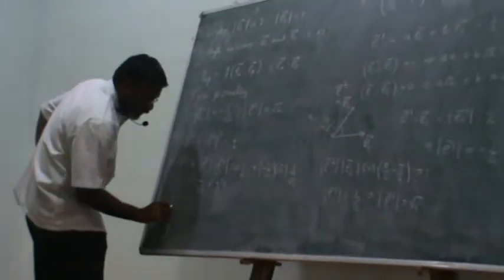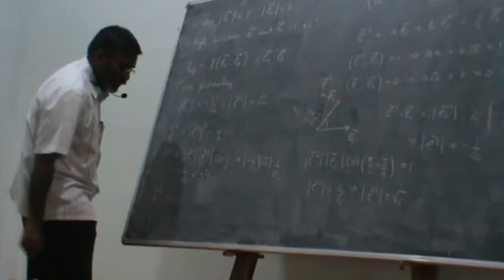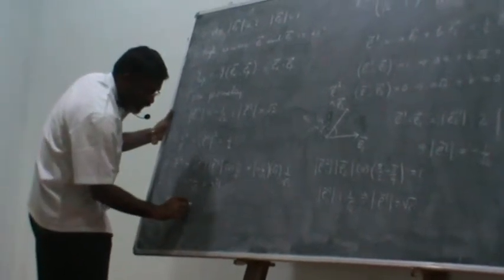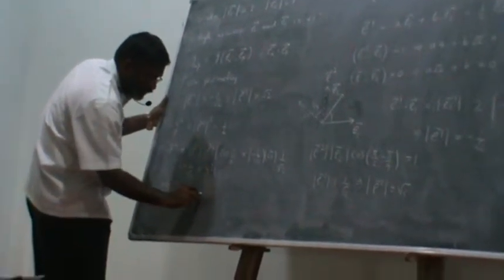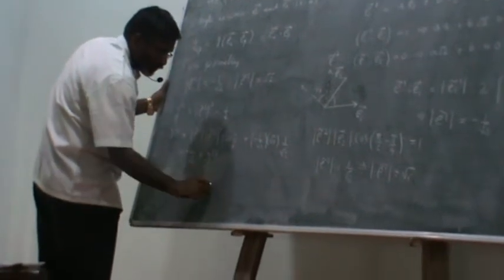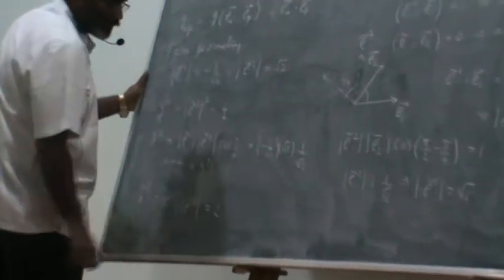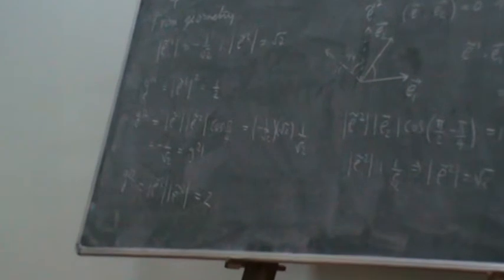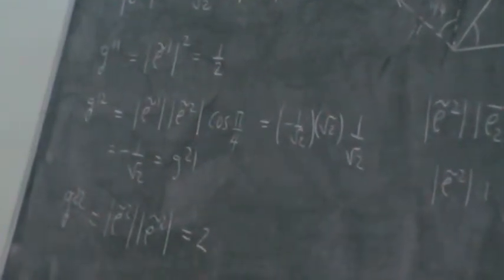And G22 finally is equal to E tilde 2 dot E tilde 2, that is equal to 2, because the modulus of E tilde 2 is root 2.